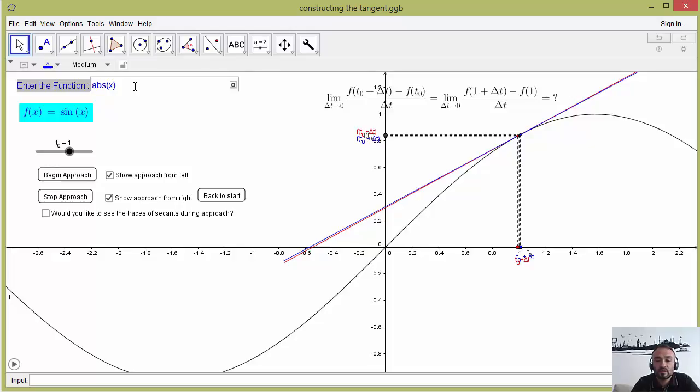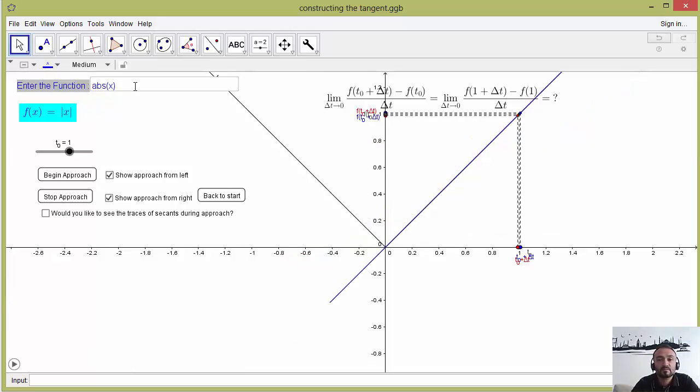First, a popular example, absolute value of x, and firstly my point is 1.